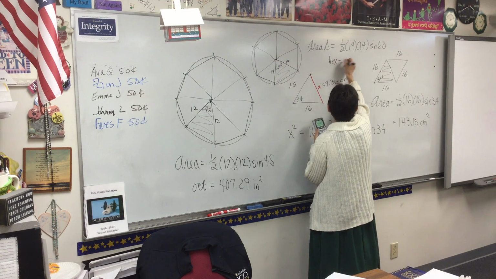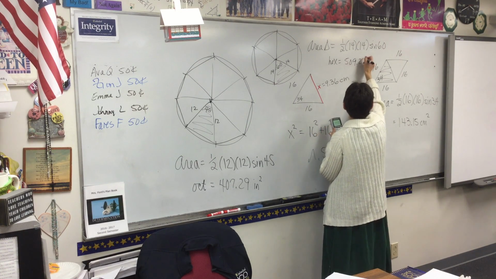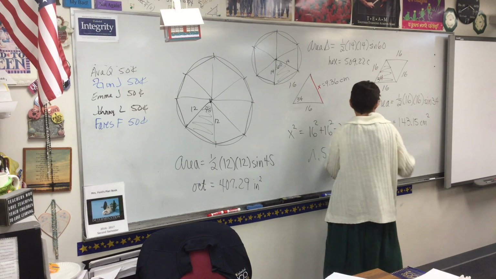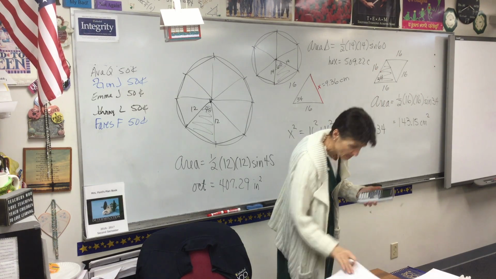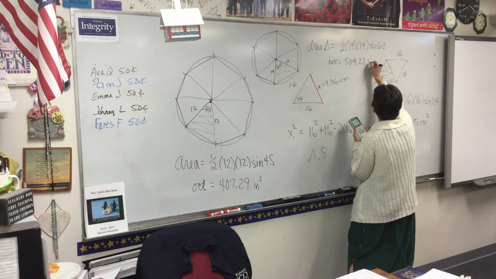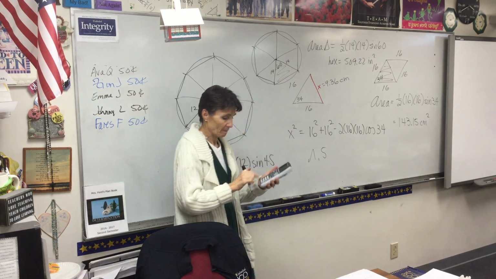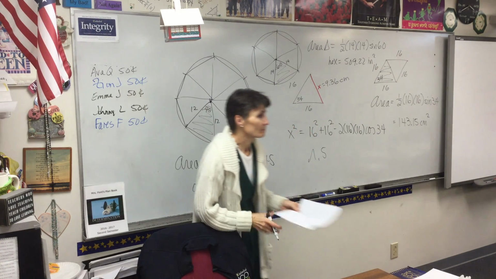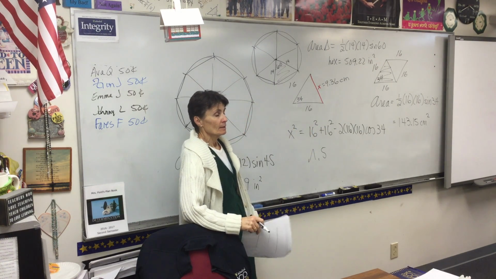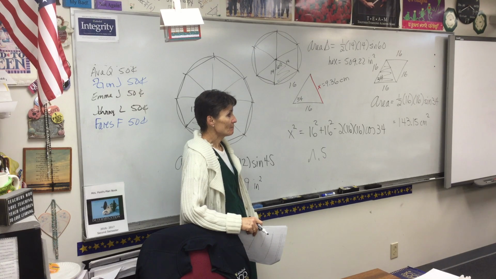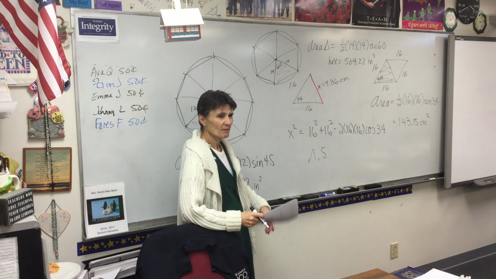So the hexagon is 509.22. Was it centimeters? Inches. Square inches. Everybody feel okay about that? Yeah, I think we got that.